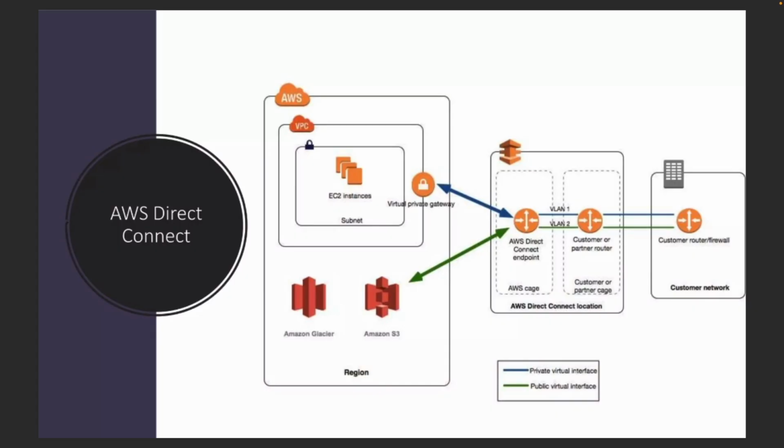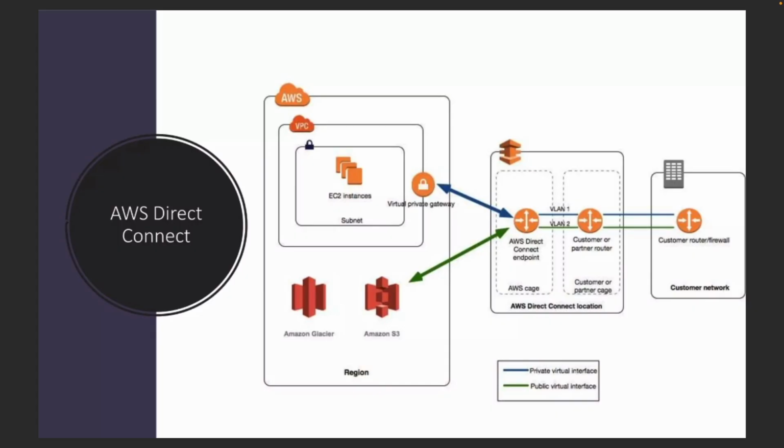A private virtual interface enables access to your VPC resources like EC2 instances and private subnets. The diagram shows how Direct Connect integrates with your own AWS account and its environments, connecting through VLANs to your VPC's private gateway, while also providing access to services like S3 and Glacier through public virtual interfaces.